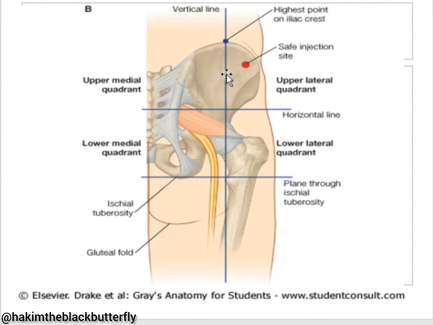The vertical line and the horizontal line, which demarcate the gluteal region into quadrants, intersect between the greater trochanter of the femur and the posterior superior iliac spine.